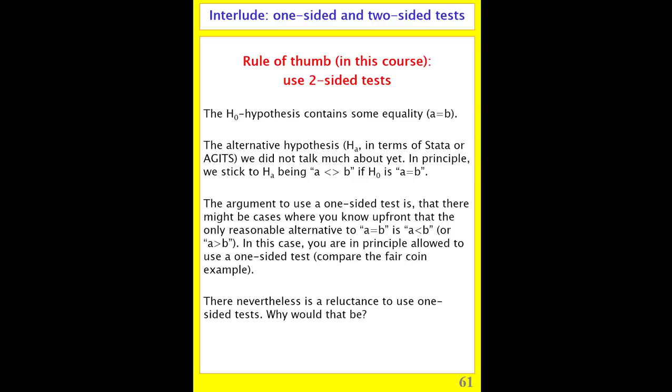One-sided tests assume that you have a clear idea in which direction the alternative hypothesis is going to go. So I suspect my coin is showing heads way too often, and I want to check if it really is any different from 0.5. And the only reasonable alternative that I have is that it is larger than 0.5. That would in principle be an argument to use a one-sided test.